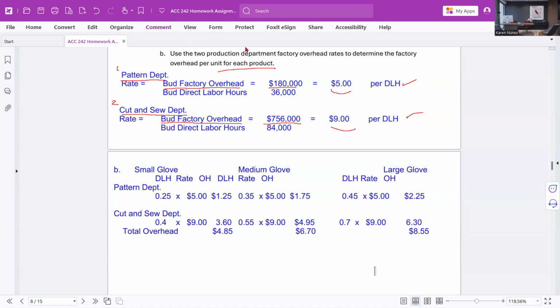So we have here these three products, right? Small glove, medium glove, and a large glove.